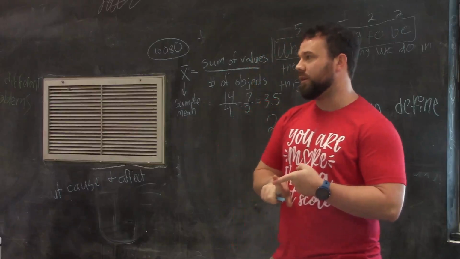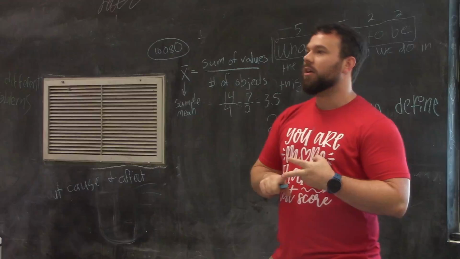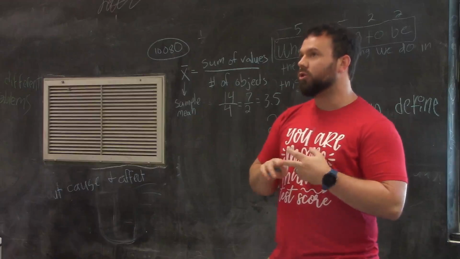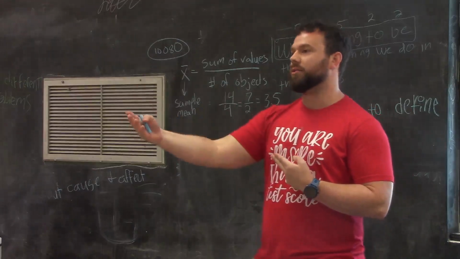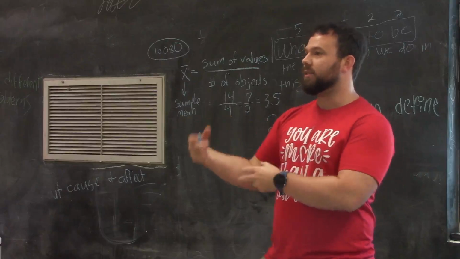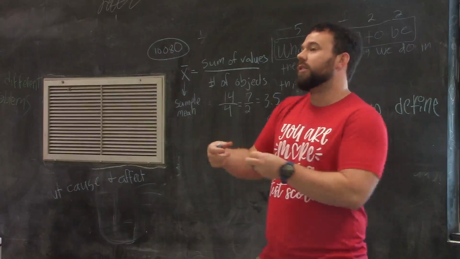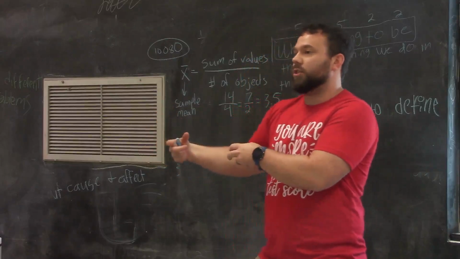The population is always the large group, everything that we want to make an inference about. And the sample is always the small group we get our data from. If you understand those ideas completely, then no, it doesn't change.